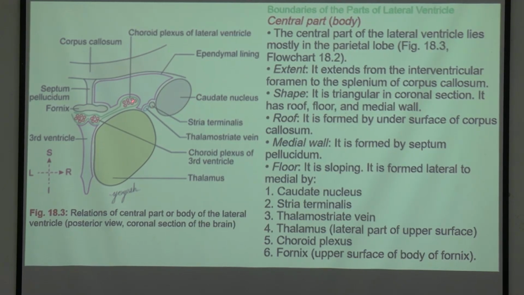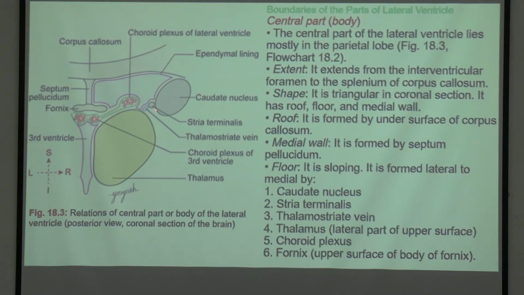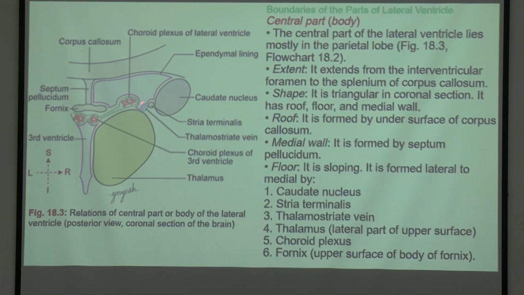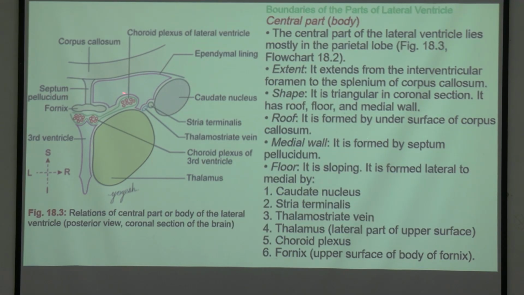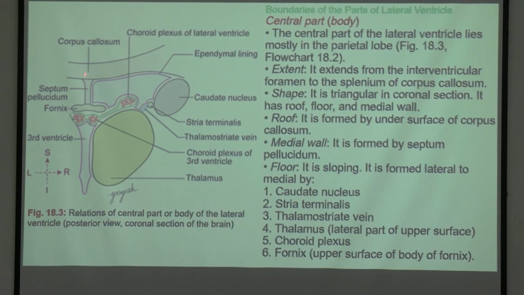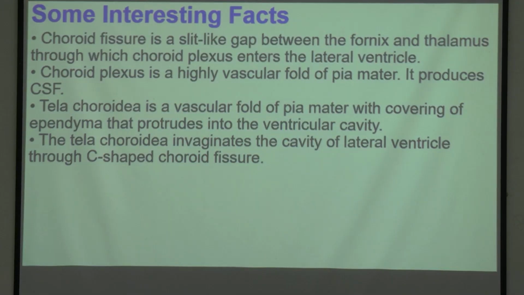In between there is a groove, the thalamostriate groove, where we can find the thalamostriate vein. Medially we can find the division between the two ventricles, the septum pellucidum. So this is the central part.